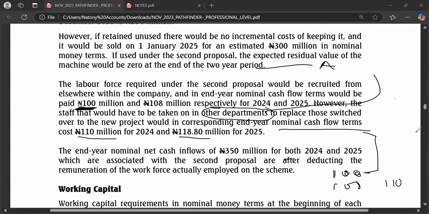Okay, so what they are saying is that for this 350 million, the workforce cost of 100 has been deducted, and the 108 has been deducted in arriving at this. But this opportunity cost here of 10 million has not been reflected in it.